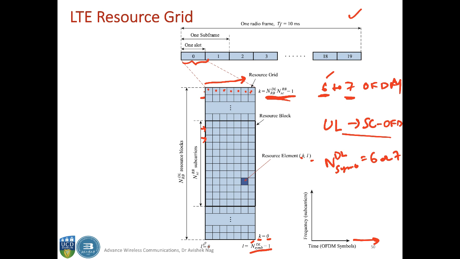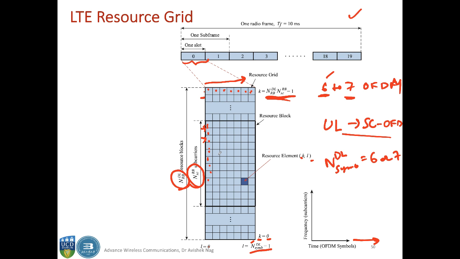So L will be 0 to 5 or 0 to 6, and the subcarriers, okay, so there will be total these many resource blocks. Okay, and within one resource block you will have these many subcarriers. Okay, so N RBSC subcarriers.